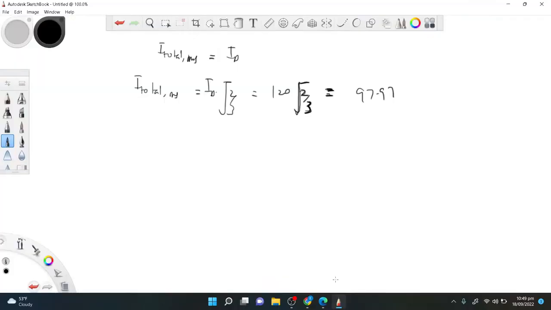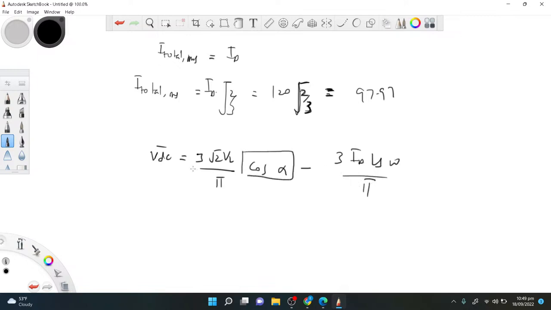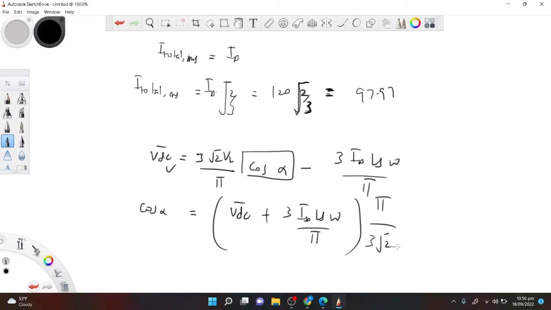We know that VDC for three phase is 3√2 times the line voltage over pi cos alpha, minus 3 ID Ls omega over pi. Cos alpha is what I'm supposed to find, and we've been given everything else. So make cos alpha the subject. First move this term over, so cos alpha equals VDC mean plus 3 ID Ls omega over pi, then multiply by pi over 3√2 times the line voltage.